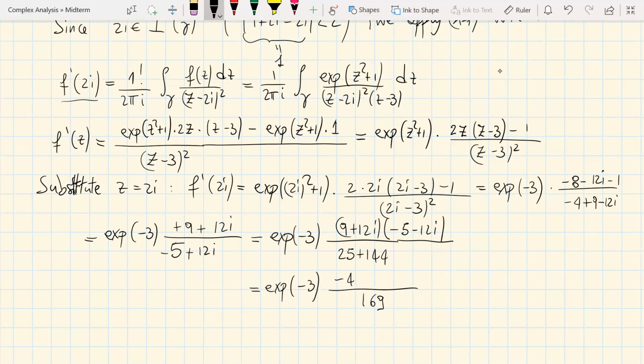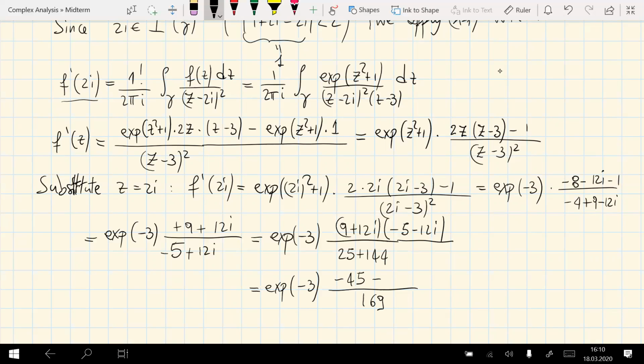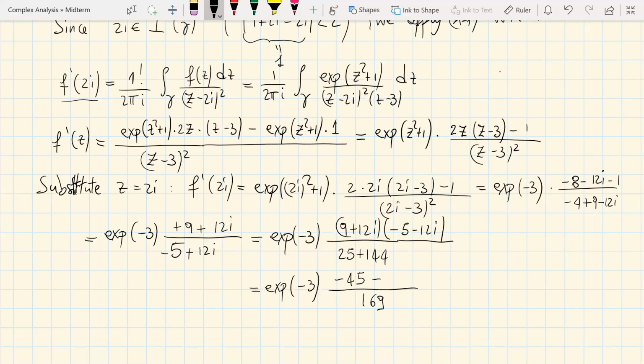And what do we have above? We have minus 45. Then we have minus 108i minus 60i, and then plus 144.